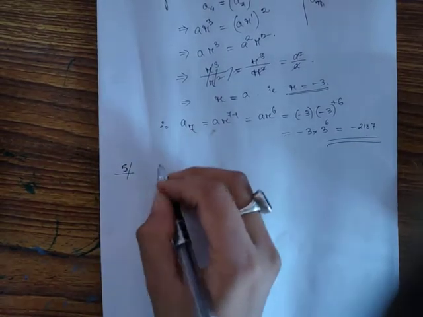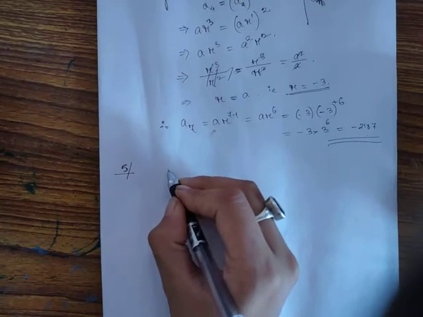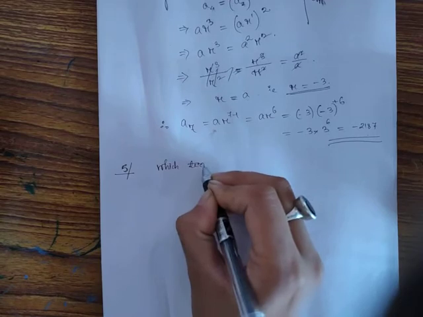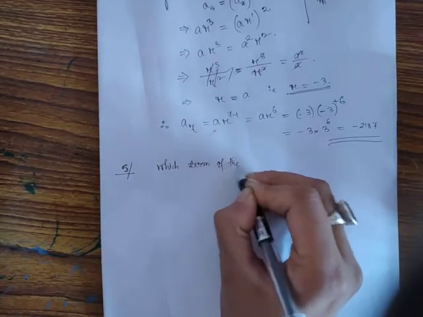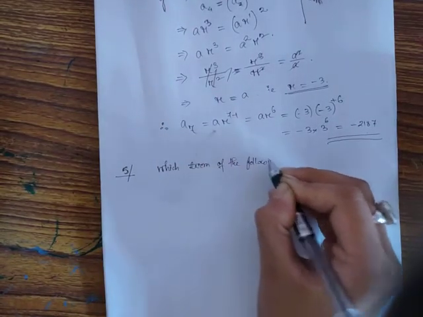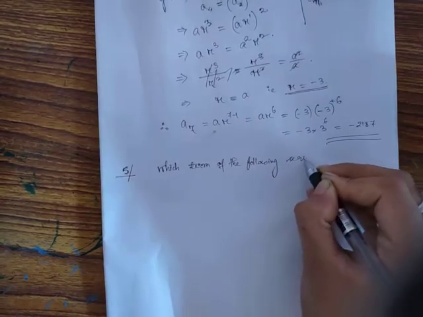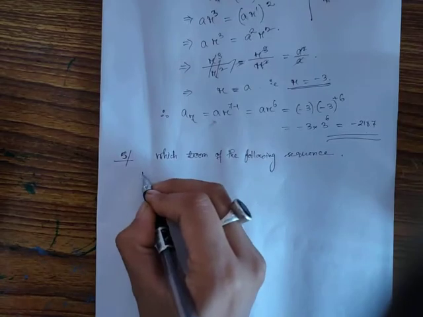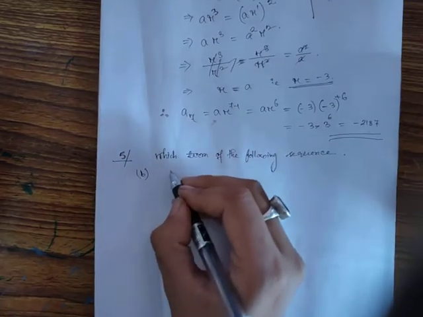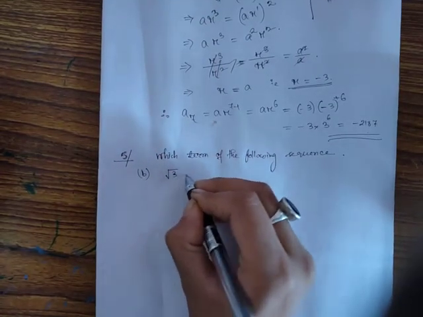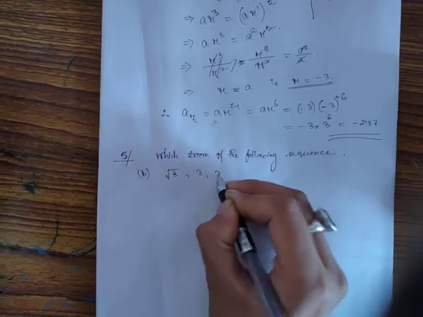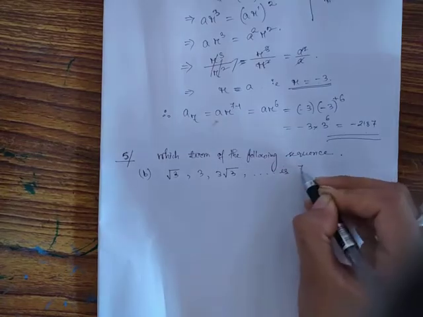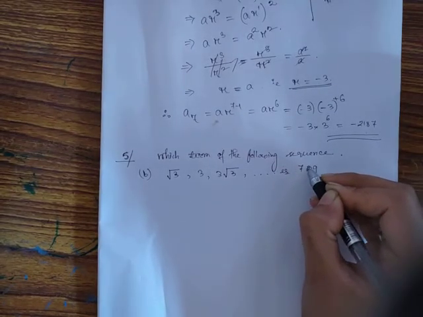So question number 5, which term of the following sequence. We will discuss question number B: root 3, 3, 3 root 3, and so on, is 729.